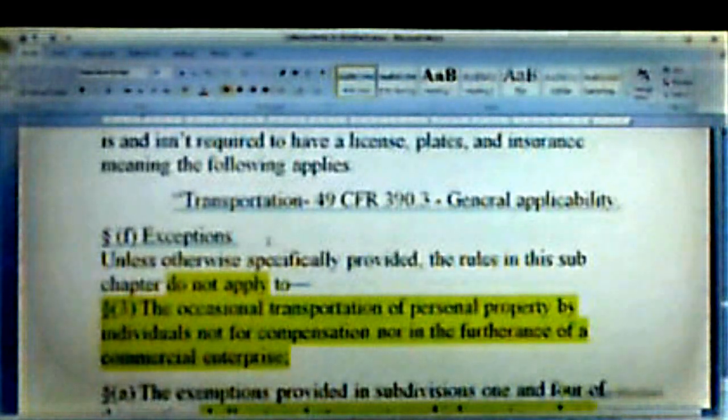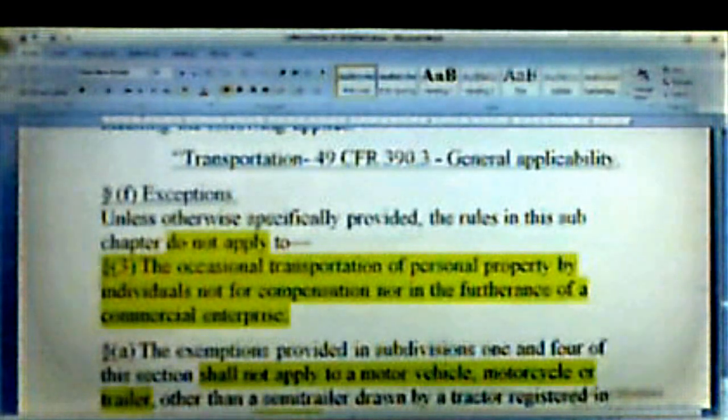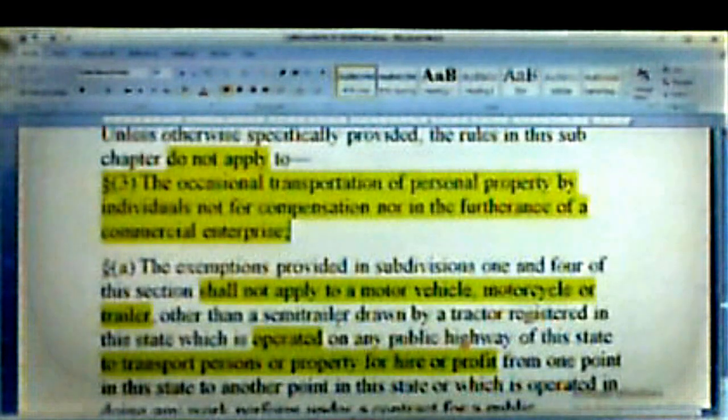Transportation, 49 CFR 390.3, general applicability, subsection F, exceptions: Unless otherwise specifically provided, the rules in this subsection do not apply to the occasional transportation of personal property by individuals not for compensation nor in the furtherance of a commercial enterprise. Right?